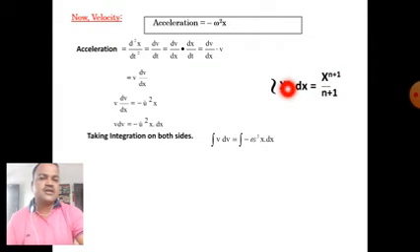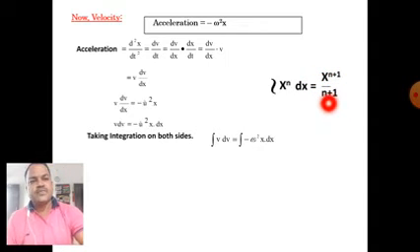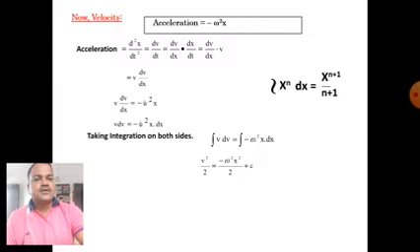The power of n increases by 1, and the increased power divides. Similarly we get the integration of this equation, v square upon 2 is equal to minus omega square x square upon 2 plus c.